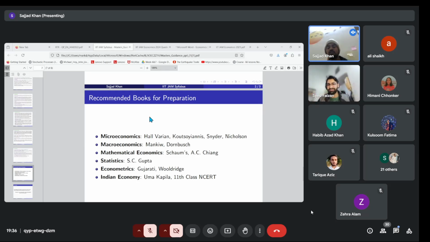But the most important thing is consistency. You cannot skip every 2 or 3 days. If you skip, you will forget most of the things in statistics. Properties like variance, mean, PDF and CDF should be on your fingertips for JAM and CUET.